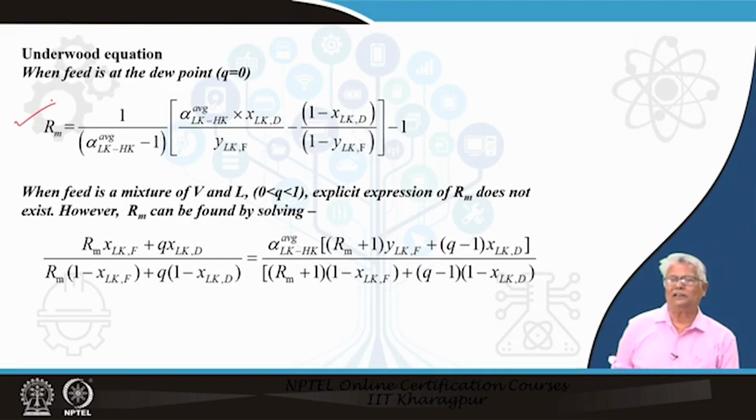When it is a mixture, the expression is rather complicated and you cannot have an explicit expression in Rm, but there is a relationship which can be solved by trial and error. If I know my Q, if I know my X values, if I know my alpha, by trial we can solve this and find out my Rm.